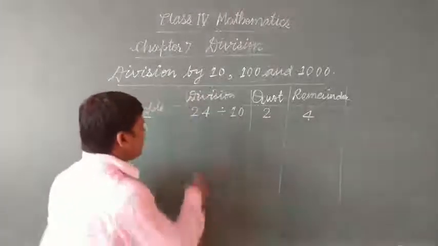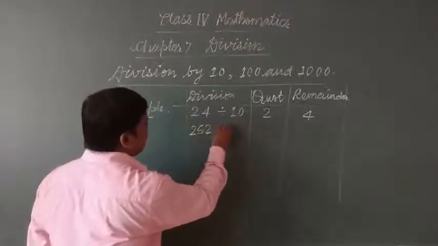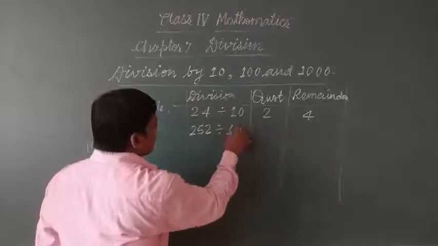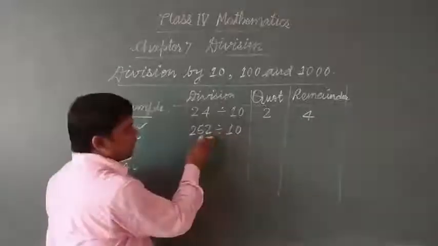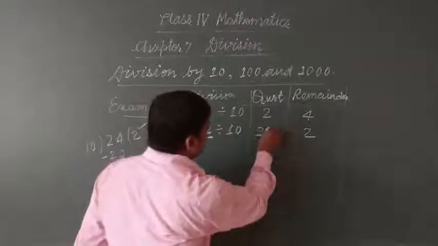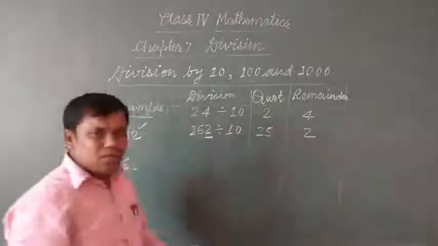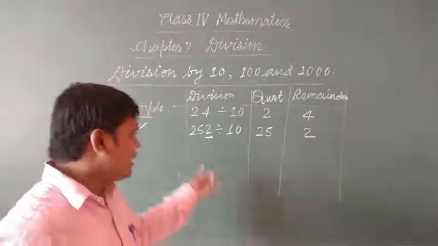For example, if it is 252 divided by 10, you can write the last digit as remainder. So 2 will be the remainder and the remaining digits will be the quotient. So without dividing actually, you can write your quotient and remainder.